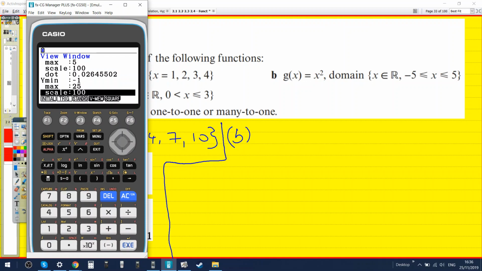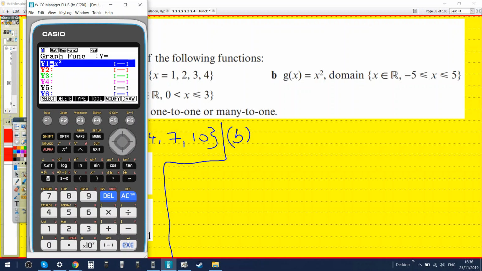So I use my graphical calculator, and so this one is when x is between -5 and 5. And so how would you write the range?